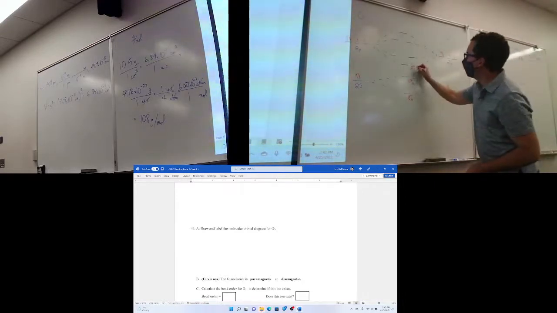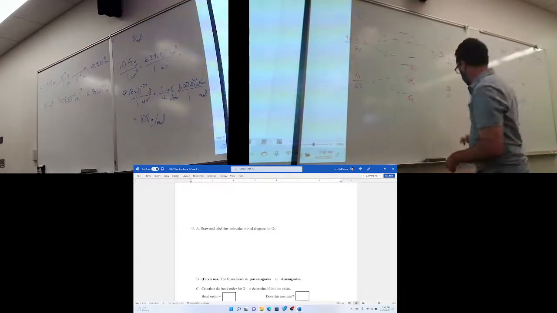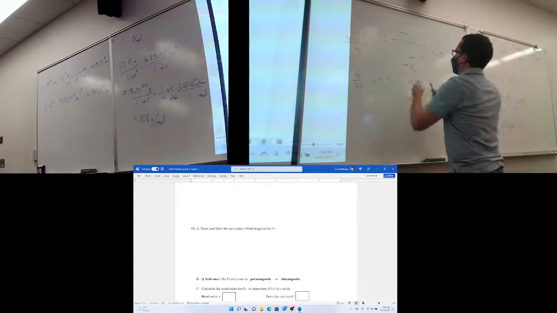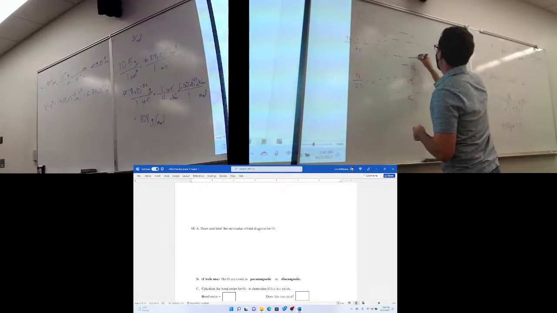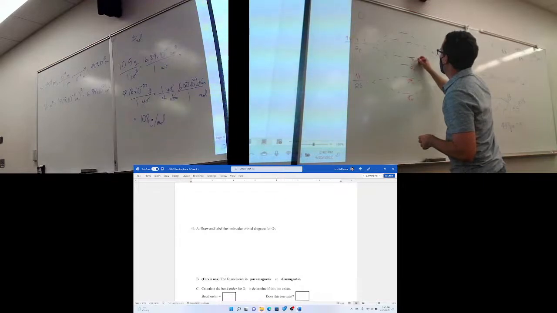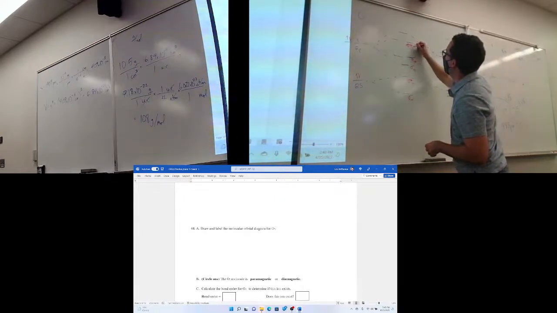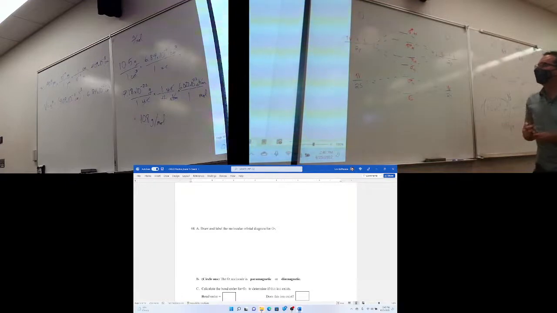This is a sigma bond from your p orbitals. I'm going to draw this a little better. These two are pi bonds from your p orbitals. This is your pi antibond from your p orbitals. And this is your sigma antibond from your p orbitals. Those are the labels.